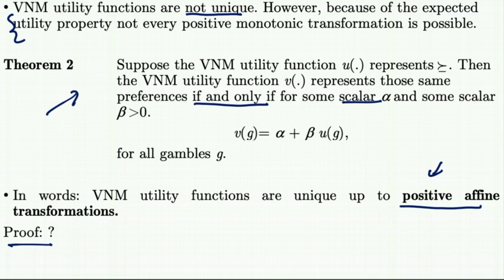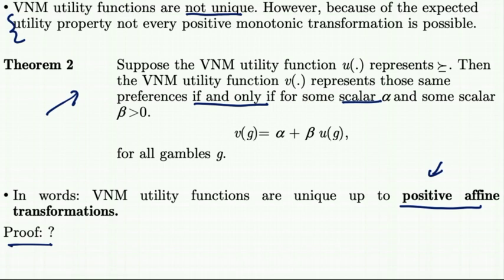Remember, the word ordinal comes from the root word order. So they cannot be entirely ordered, and they are not completely unique. It means that for one preference, you can have many von Neumann utility functions. You get what I mean here? That's why von Neumann utility functions are not completely unique. Some of them are unique, some of them are not.